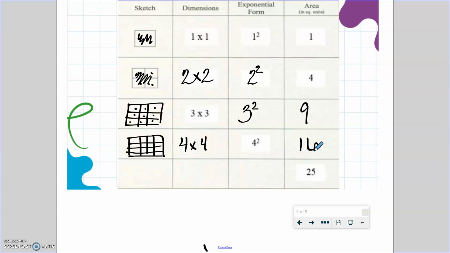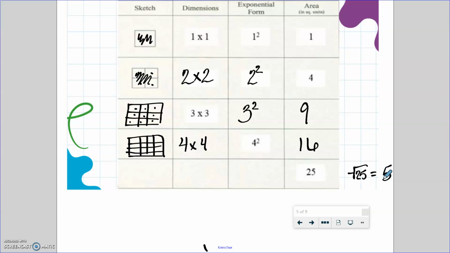So all of these above, we were given either the dimensions or the exponential form. We were able to draw our sketch. Now we're going to go backwards. So now I'm going to look for the area. So I'm given the area. So we know the area is 25. In order for me to find the side length or the dimensions, I need to find the square root of 25. So the square root of 25, what number multiplied by itself gives me 25, would be 5.